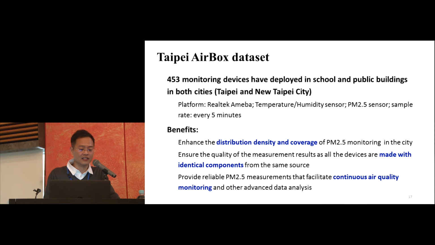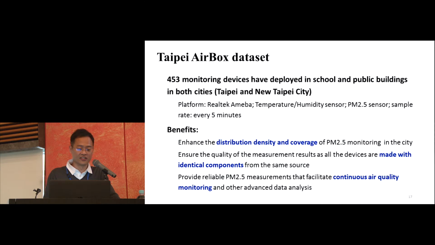So that's very useful data and very important. The benefit of this data is that we can enhance the distribution density and the coverage of PM2.5 monitoring in the cities.